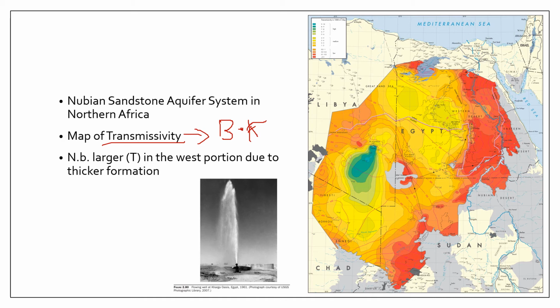Okay, and you can see here more or less larger transmissivity in the western area. So this is your western area. Okay, and this is attributed to the thickness of the formation in this part. Okay.